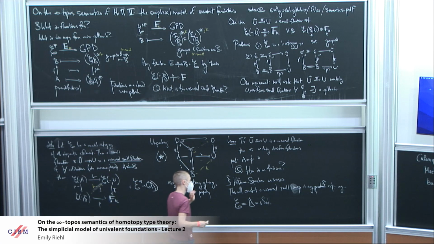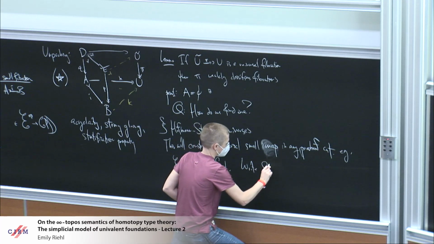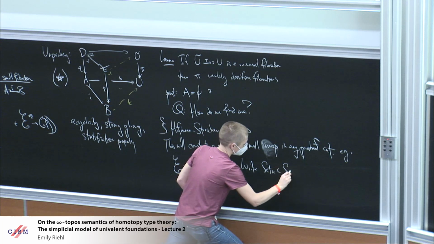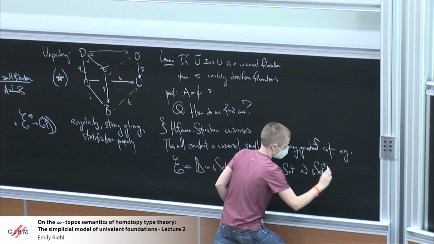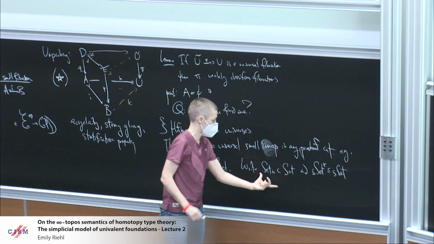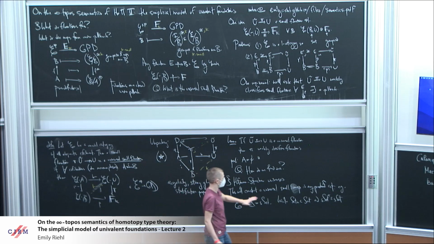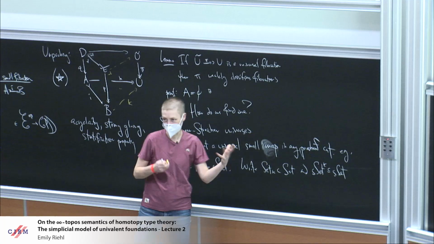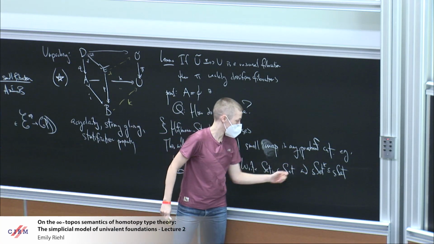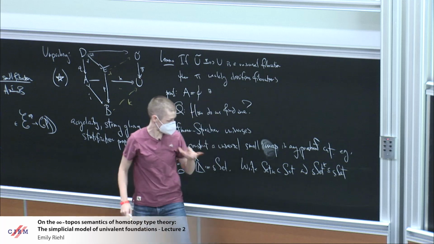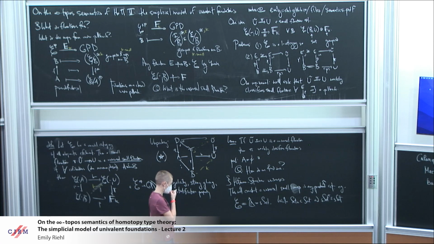And here I am going to be a little bit careful about sizes, so I'm going to write set to the kappa inside set, and simplicial set to the kappa inside simplicial sets, for a regular cardinal kappa. What I mean by this is I'm reducing to sets of size kappa, and I also don't want there to be too many sets in any given isomorphism class. And then this is just functors valued in here. I'm putting the decorations where they're going to be out of the way, so that's why one's a superscript and the other one's a subscript.